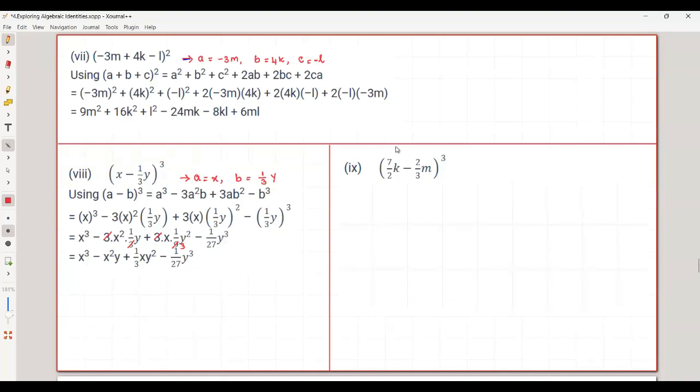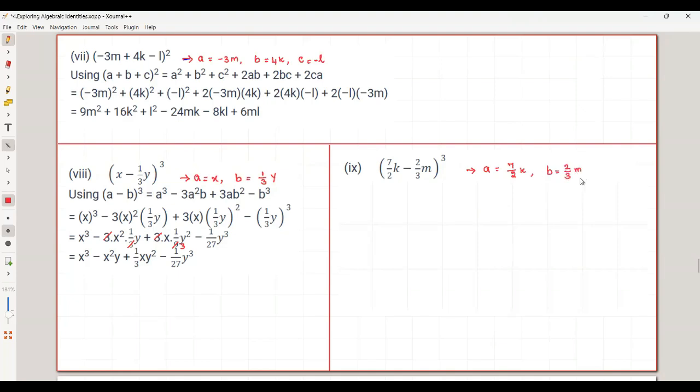The ninth one: 7 by 2k minus 2 by 3m the whole cube. Here we can use the same formula, a minus b the whole cube. First you have to identify what a is. In the place of a, we have 7 by 2k, and in b's place, we have 2 by 3m.